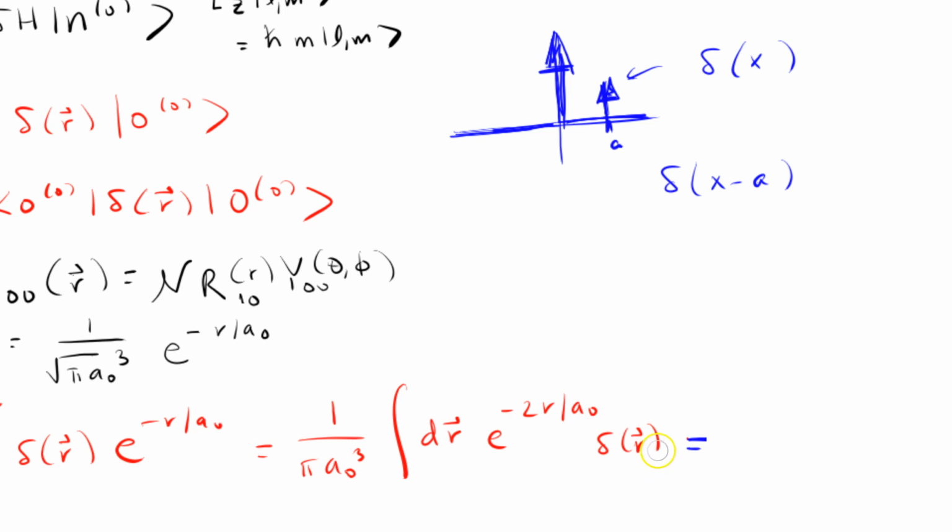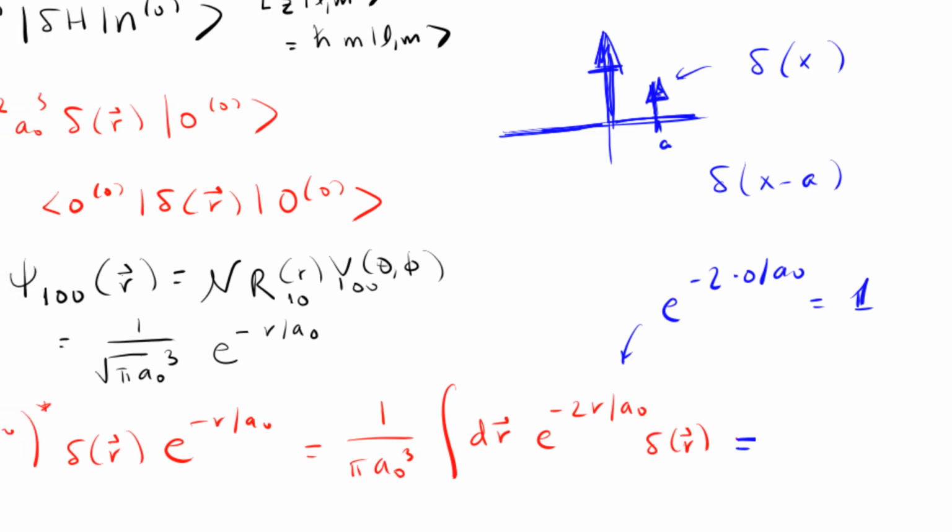So if we have delta of r vector, this will take the value at r equals 0. So this is going to be e to the negative 2 times r equals 0 over a naught, which is just 1. So basically this whole thing is just 1. Oh, I forgot the constants, sorry.